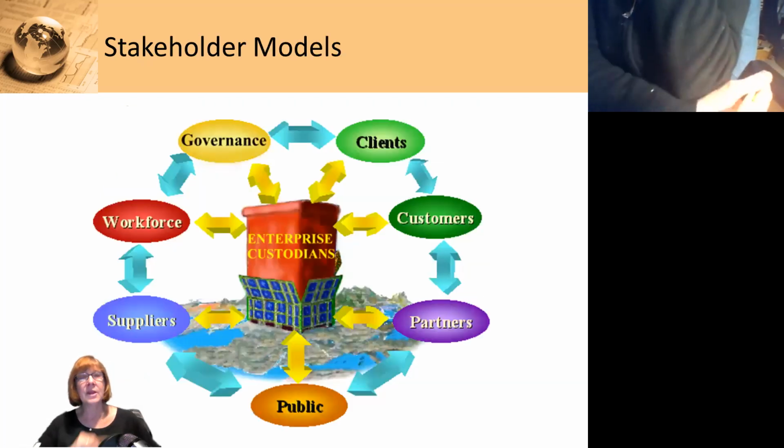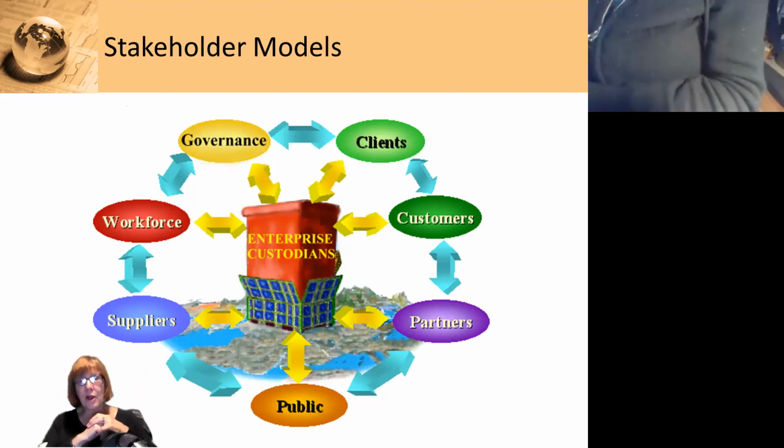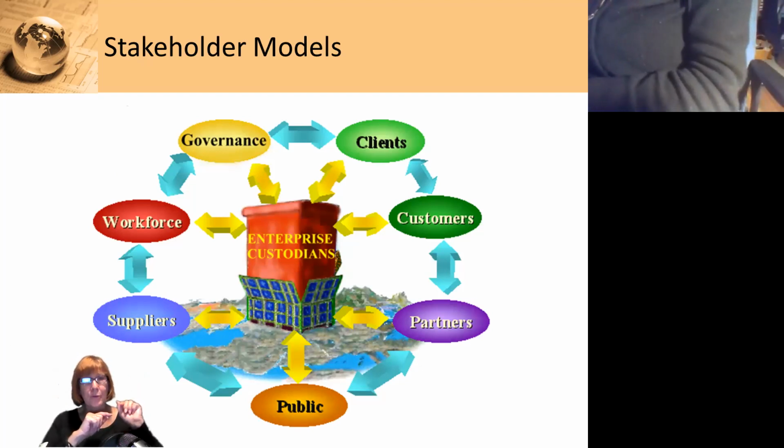Okay, so the first section that you're going to have in your chapter is a section on stakeholder models. The stakeholder models identify those stakeholders that are essential for your project. It's those people who are affected by your project or who can affect your project.